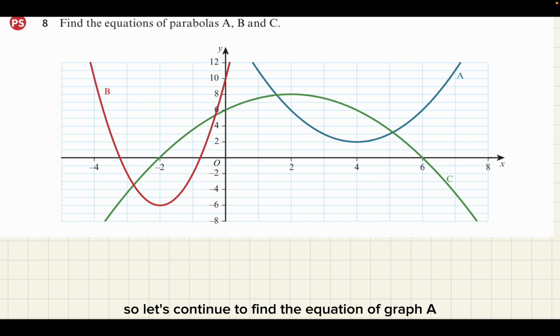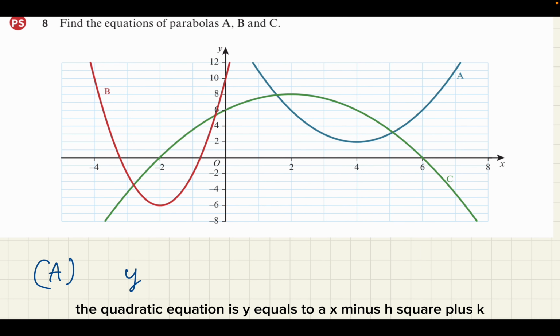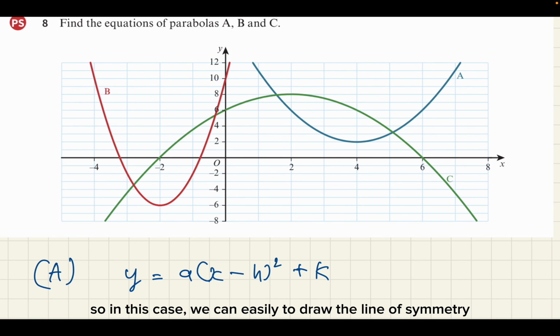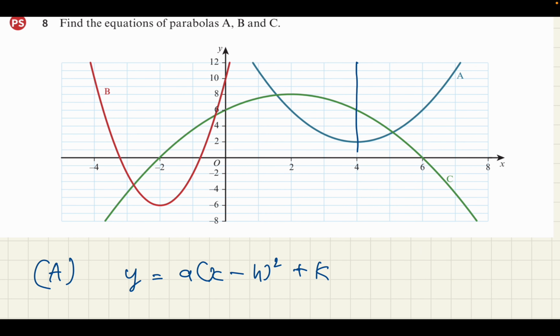Let's continue to find the equation of graph A. I'll use blue ink to represent the blue graph. We can write the quadratic equation y = a(x - h)² + k. In this case, we can easily draw the line of symmetry.